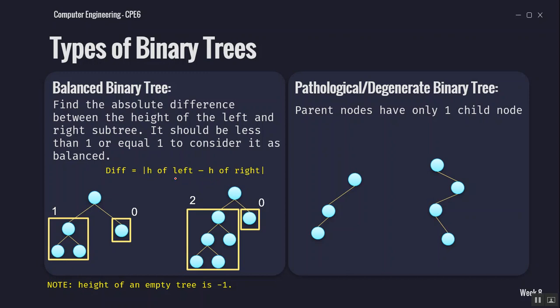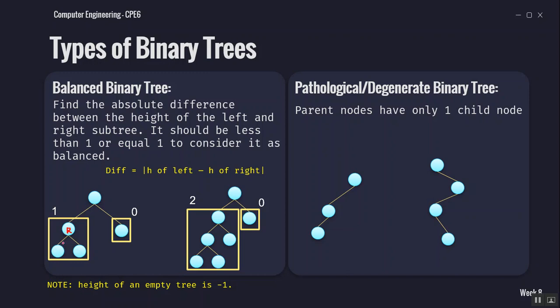Okay, so now I have here two figures. Here we have the height of left. So consider this left subtree as the root. So now the height of this left subtree is 1, counting from the child node going up.